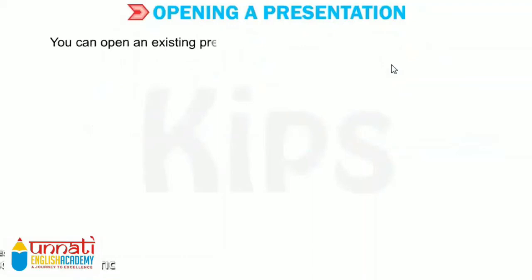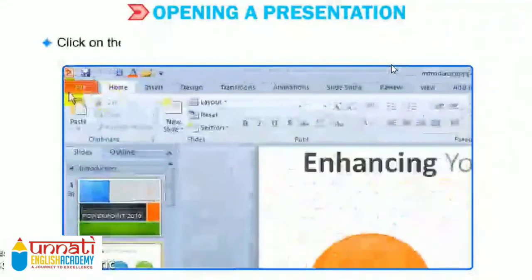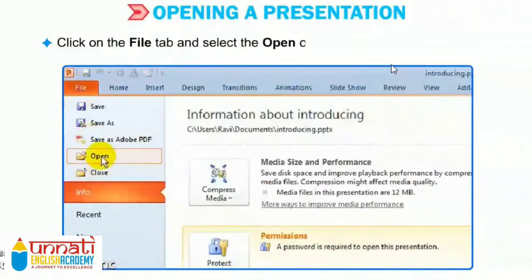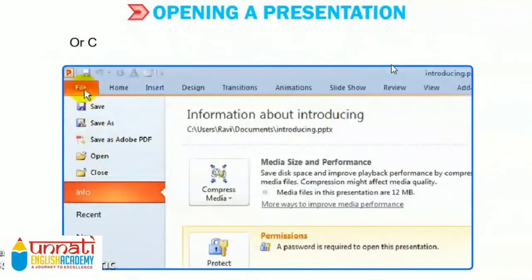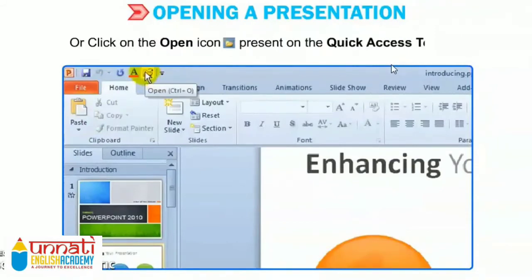You can open an existing presentation using any of the following ways. The first way is click on the File tab and after that select the Open option. So this is the first method. Now let's see the second method. Click on the Open icon present on the Quick Access toolbar.